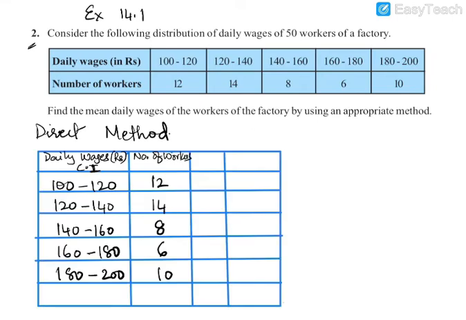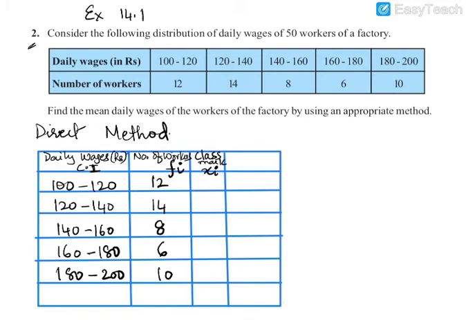To answer this question using direct method, we just need 4 columns. In the first column, we will write down daily wages, which are the class intervals. In the next column, we will show number of workers, which are the frequencies fi. In the third column, we will show the class mark, which is xi.